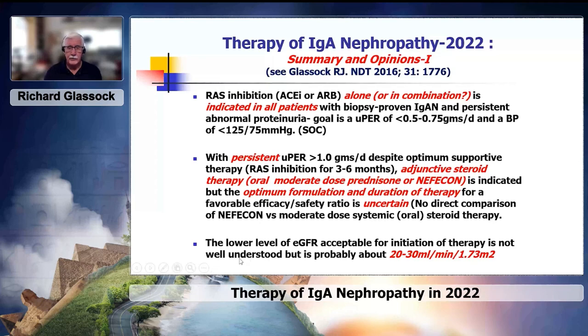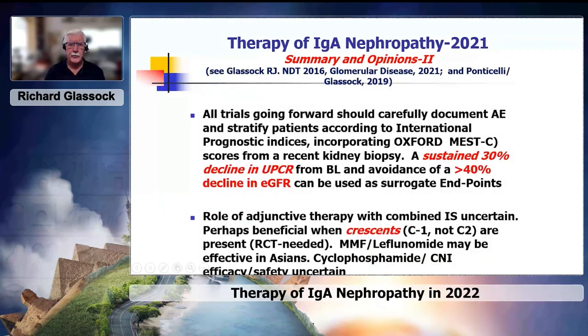We don't know yet what the lower limit of GFR acceptable for treatment is, but in the absence of rapidly progressive GN, it's probably on the order of 20 to 30 mLs per minute.